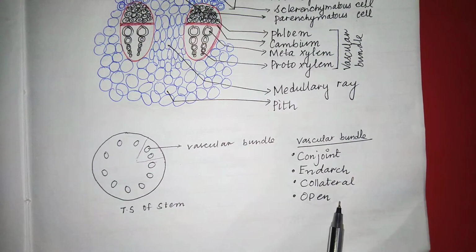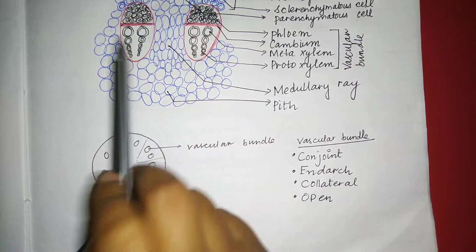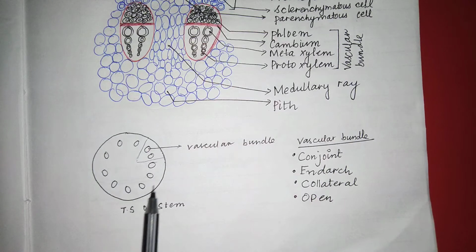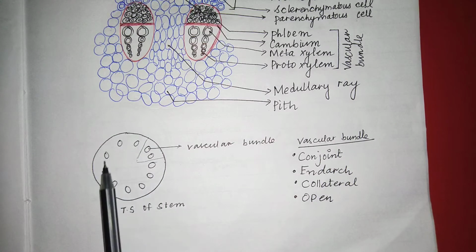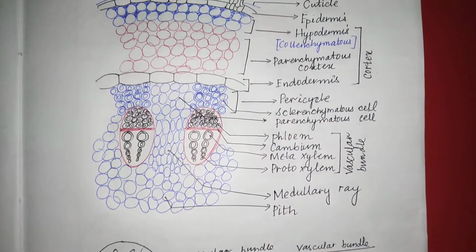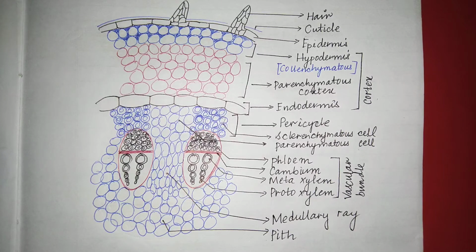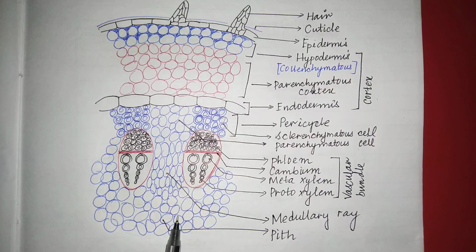An open vascular bundle means cambium is present between the xylem and phloem. The vascular bundles, when seen in transverse section, are found in the form of a ring. So this is all about the structure of vascular bundle. And pith is seen in the dicot stem.